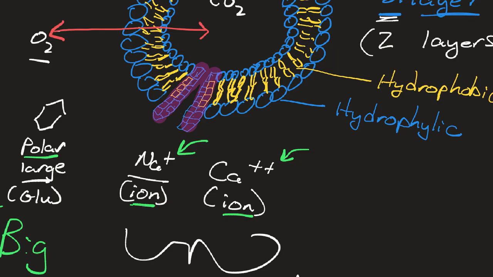Those particular amino acid R groups are going to be nonpolar, so they're going to be dissolved by the nonpolar lipid tails. And they just hang out there, and they anchor the protein there and stabilize it.